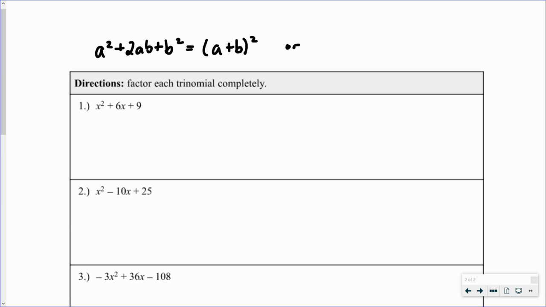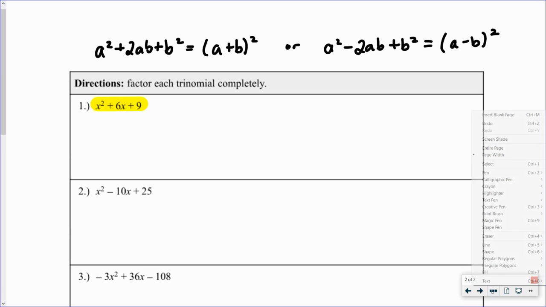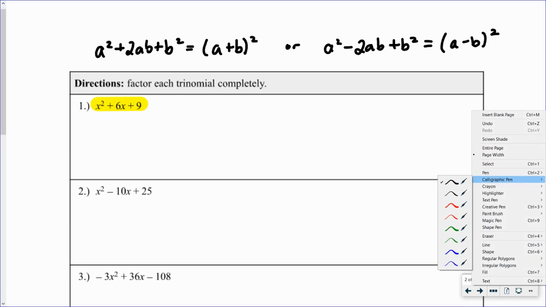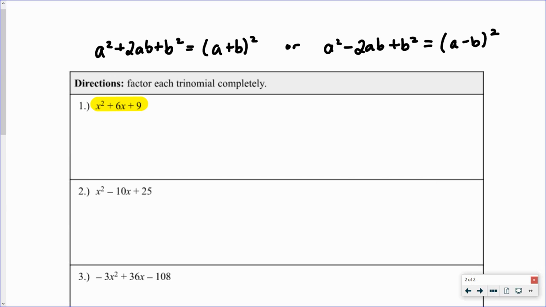Or you also have a squared minus 2ab plus b squared equals the quantity a minus b, that whole entire quantity squared. So really what we need to be able to do is recognize whether the trinomial that we're given follows either one of these patterns. So let's see how to do that.